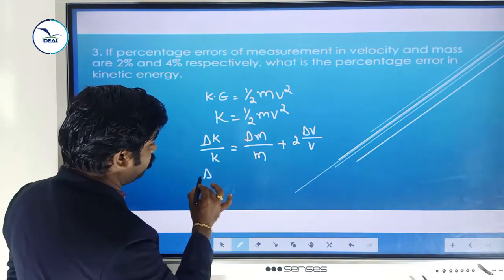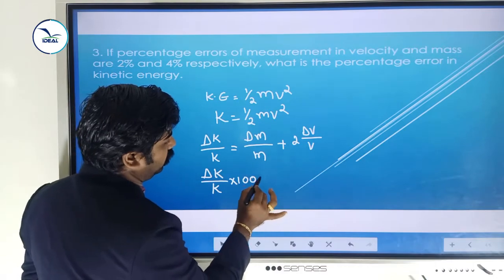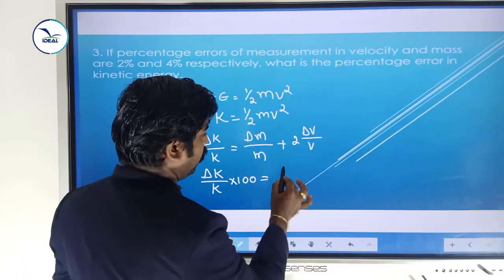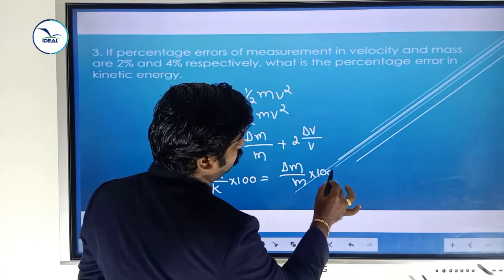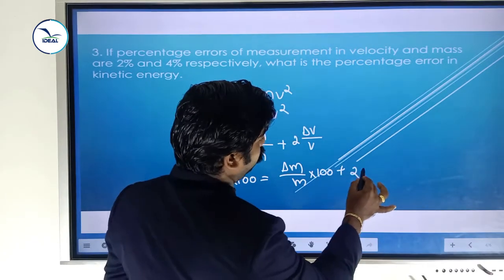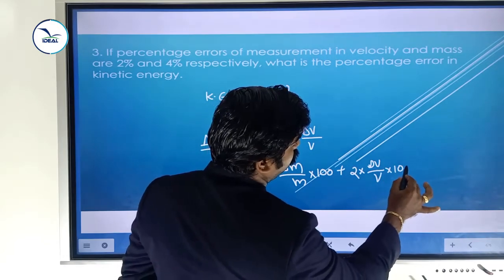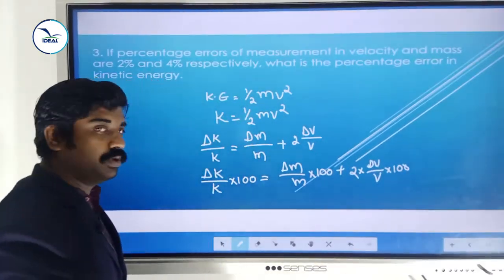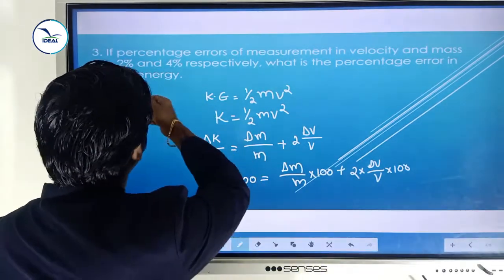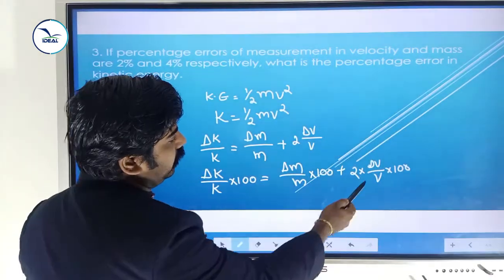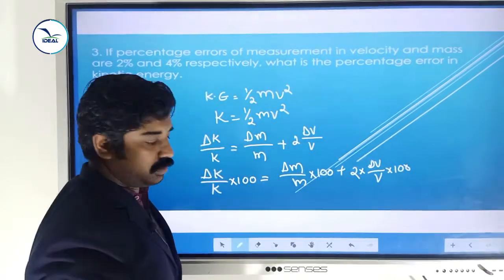In the case of percentage error, delta K by K into 100 is equal to delta m by m into 100 plus 2 into delta v by v into 100. Here delta m by m into 100 is 2% and delta v by v into 100 is 4%.